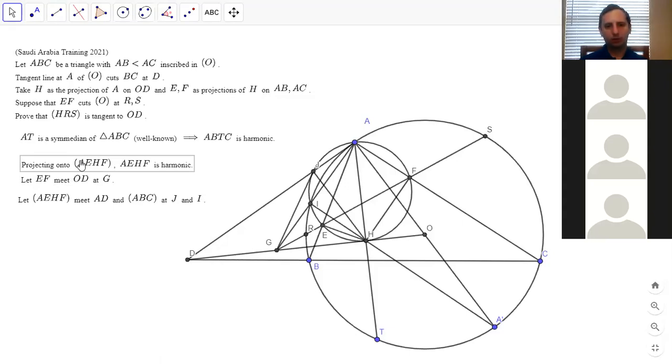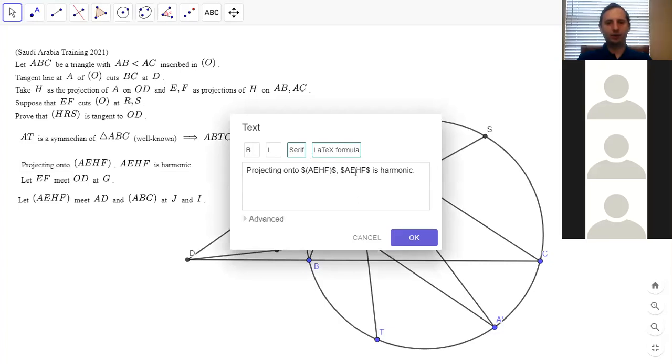Okay, that's right. So we have AEHF is harmonic, and then we projected through H. I think you mistyped there. It is supposed to be JEHF. JEHF is harmonic, not AEHF. Oh yeah, you're right. That's true, JEHF.